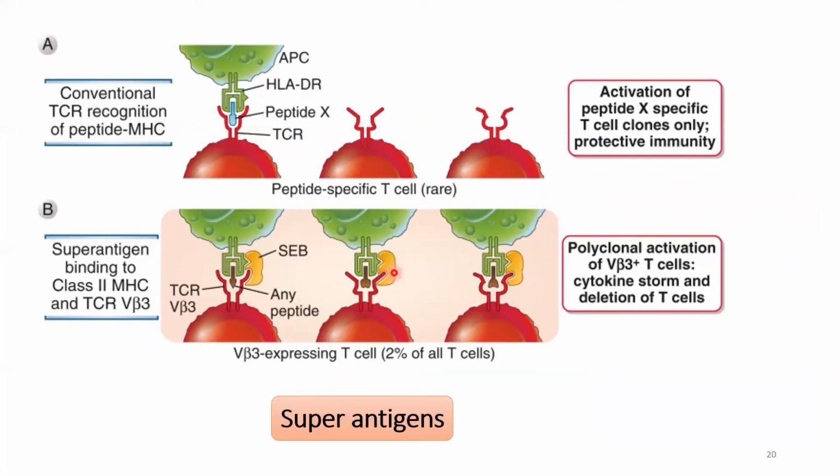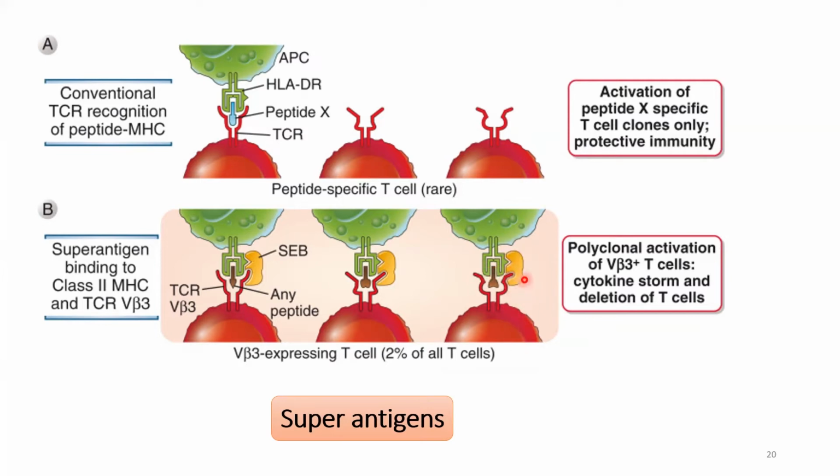Another virulence factor is superantigen. Ajahn Skarat also talked about it already. Superantigen is an antigen that can bind to the MHC and the T cell receptor without any specific antigen, or it may be any antigen.